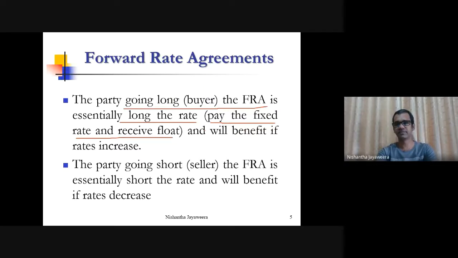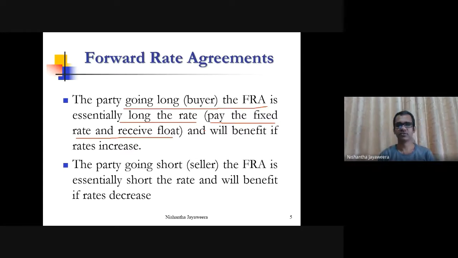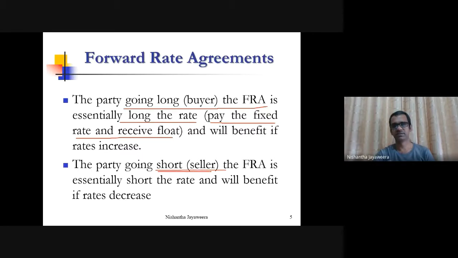Even last week, if you can remember, I mentioned that whenever you say you buy an IRS, you are supposed to receive the floating rate, the unknown variable. That's what we call going long. The same concept is applicable here. Whenever you go long in a FRA, that means you agree to pay a fixed rate and receive the floating rate. The opposite is true for a short party or the seller. The seller agrees to pay the floating rate and receive the fixed rate.